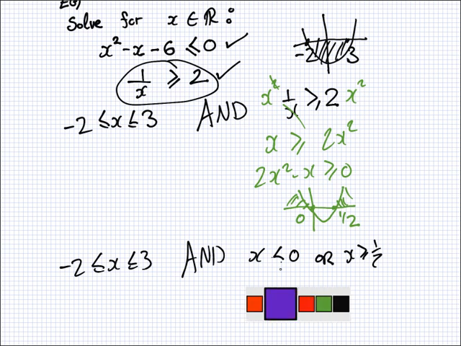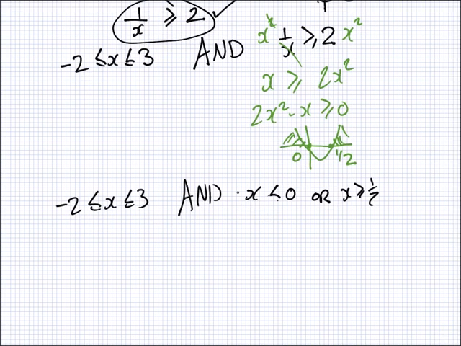Okay, so let's combine the answer. X must be between minus 2 and 3. But we need it to be less than 0 or more than a half. So here what you're saying is x cannot be in 0, a half.